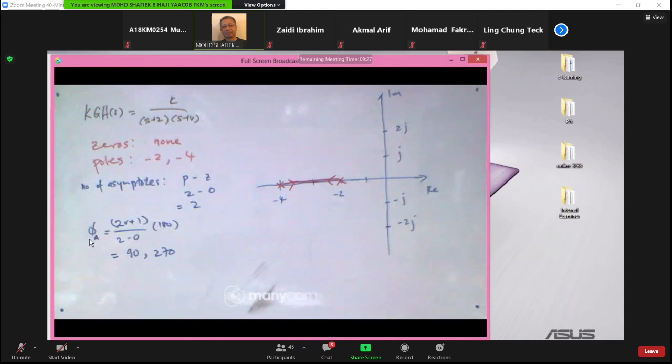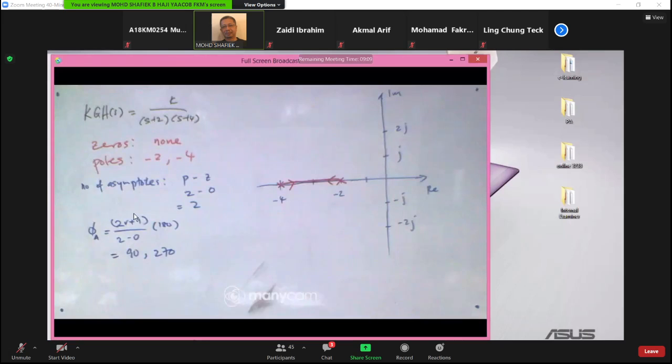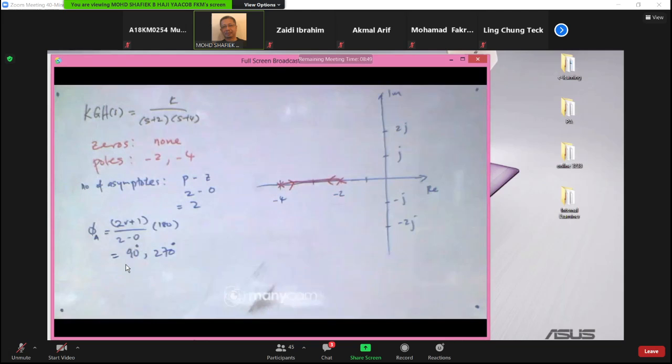The asymptote angle, sigma A, can be computed using the expression given in the guideline: (2r+1) multiplied by 180 divided by p minus z. Use r equals 0: 180 divided by 2. When r is equal to 1, you get the other angle in degrees. This is the angle that our asymptote lines are going to follow.